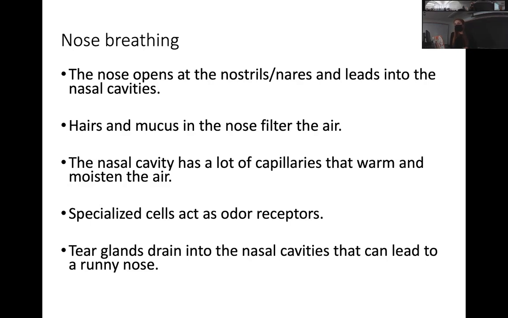The hair and mucus in your nose filter the air, which is really helpful, whether that be pollution, dust, allergens, things like that. The hairs and the mucus stop that in your nose. The nasal cavity has a lot of capillaries that warm and moisten the air. That's important. Your body wants to, remember, maintain equilibrium as much as possible.